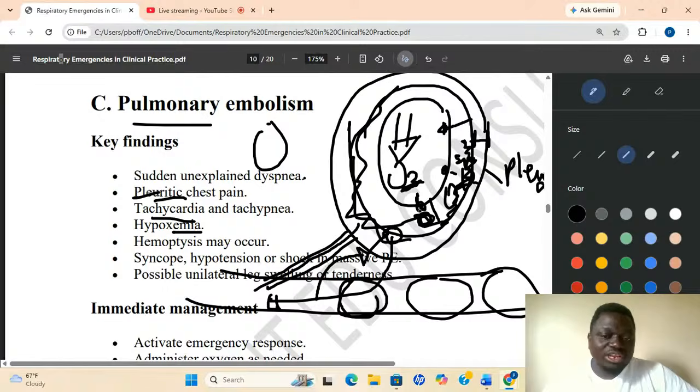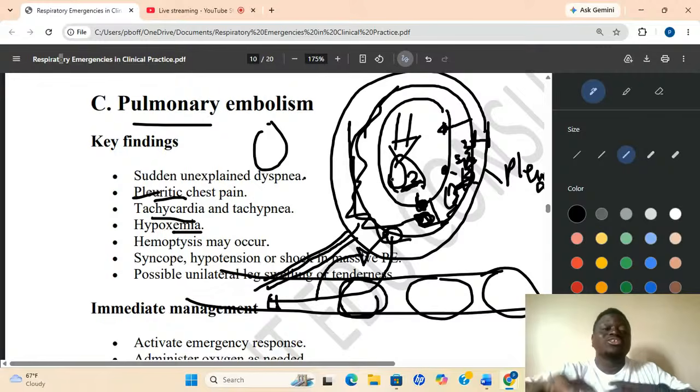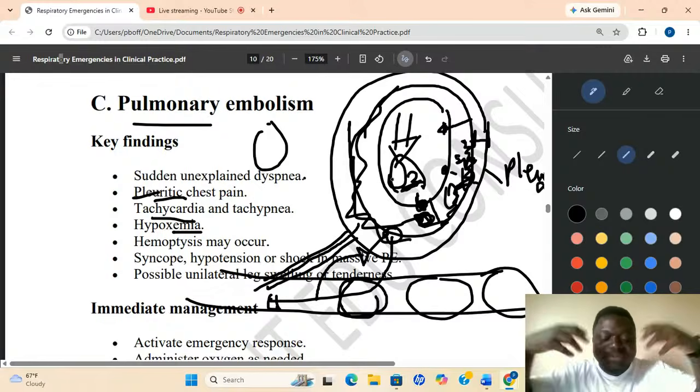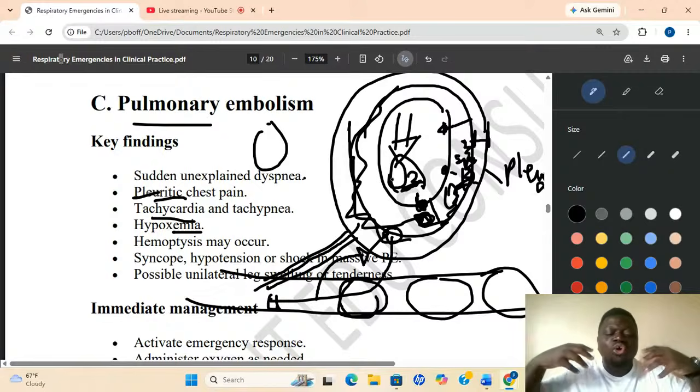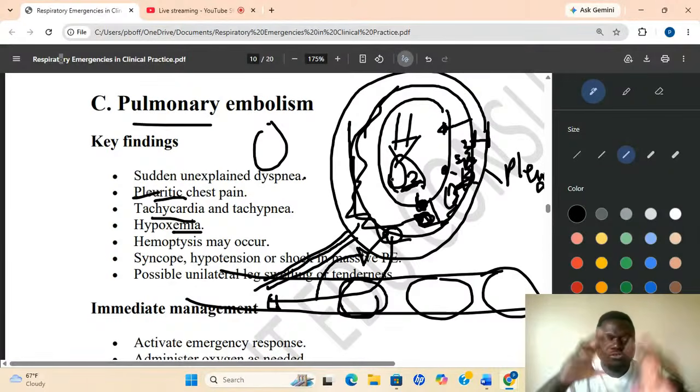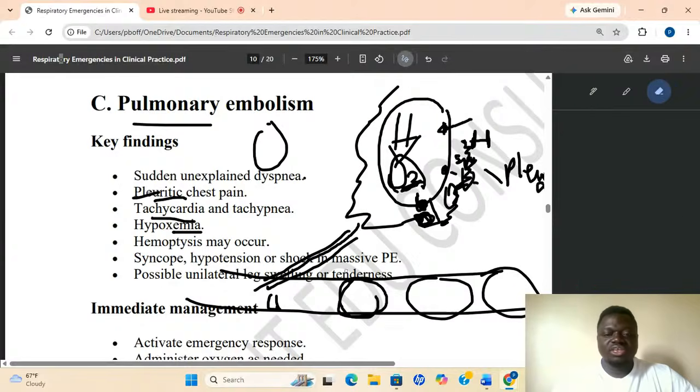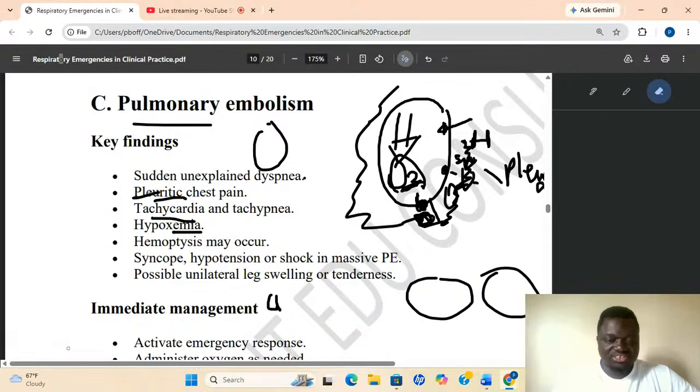The water, the blood and the oxygen will mix. We call it frothy. So when these patients cough blood out, you see a lot of bubbles in it. We call it frothy sputum. All these you should know.